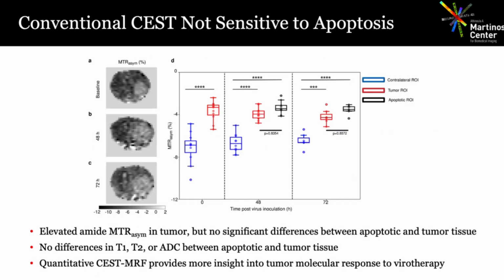All right, and then just for comparison, this is conventional CEST, this MTR asymmetry. And you can see the contrast is elevated in the tumor, but there's no significant difference between the apoptotic and normal tumor regions. And traditionally people always argued that the increased CEST contrast, amide proton contrast, is due to increased protein content. But at least we certainly don't see that.